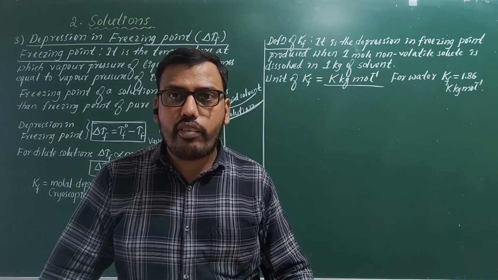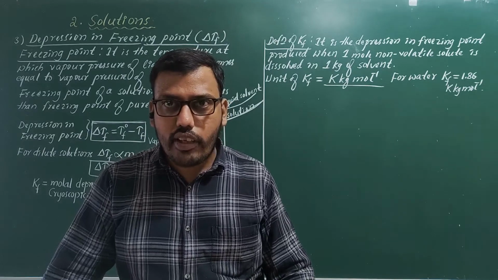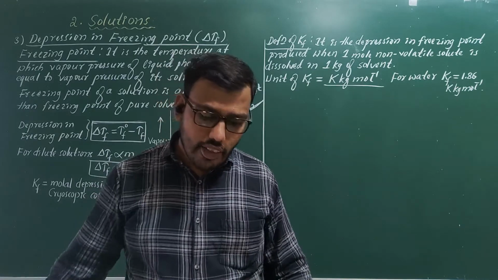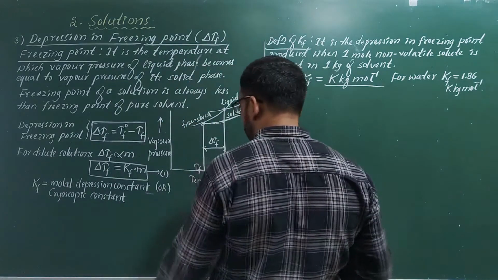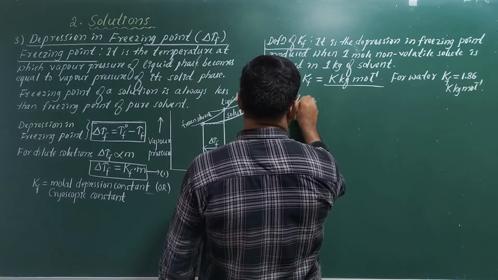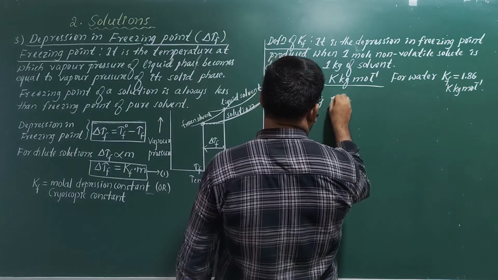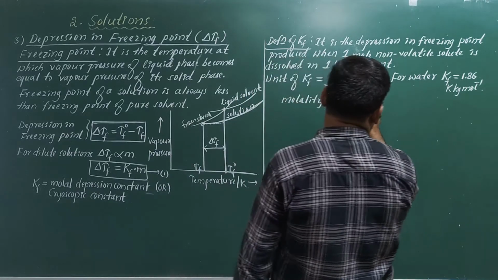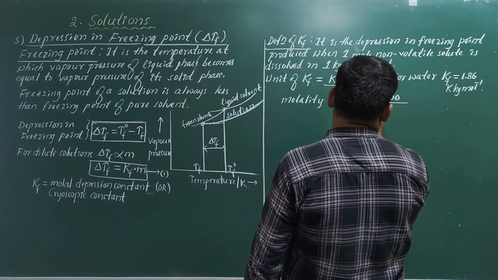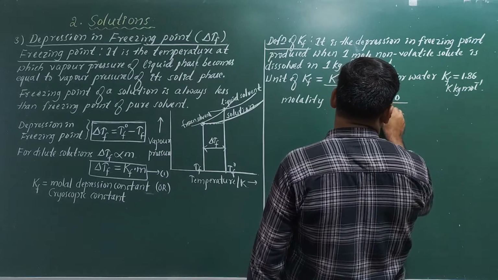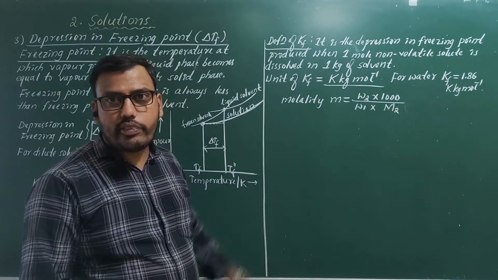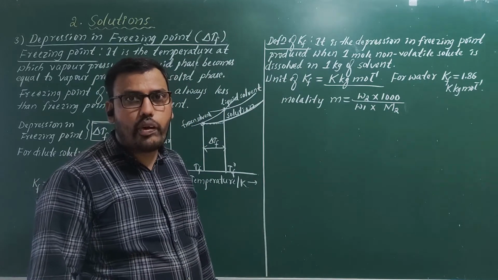Molality, represented by small m, is equal to W2 into 1000 divided by W1 into M2. We already know that one because I have used this formula in elevation of boiling point also.